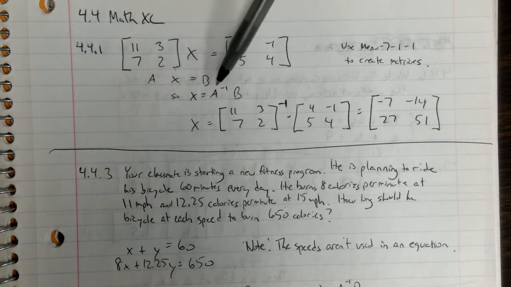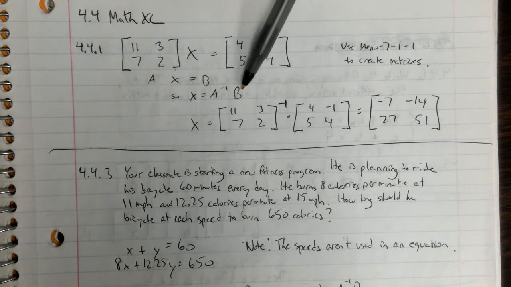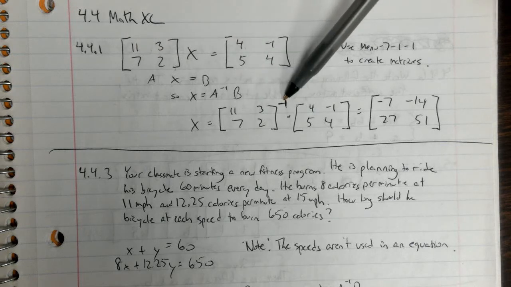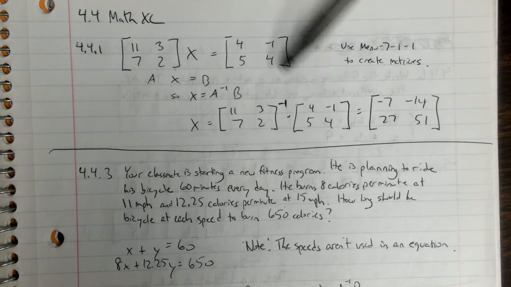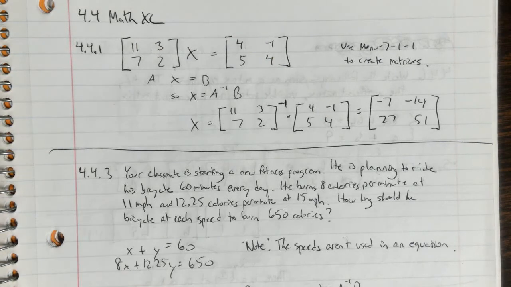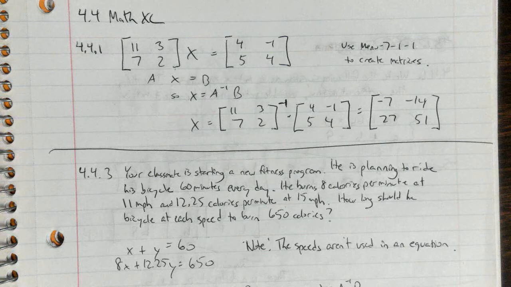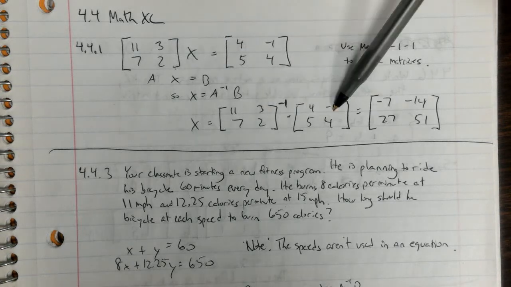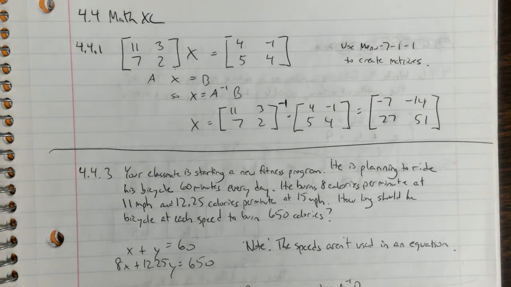So x is the inverse of A times B. So basically you just have this raised to the -1 power times this. Okay, so you just do the inverse of this one times this one equals your answer.